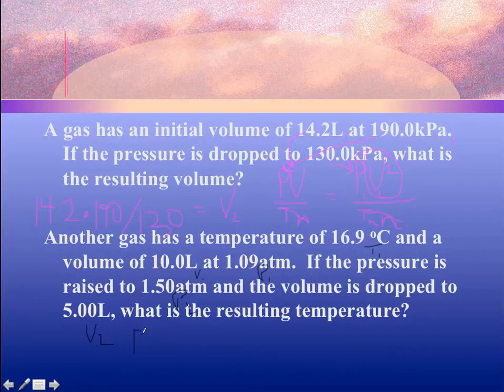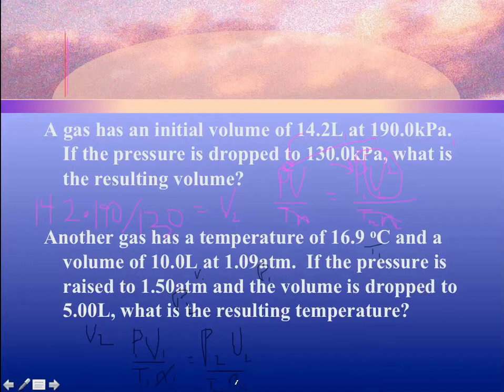So in our original equation we have P1 V1 over T1 N1 equals P2 V2 over T2 N2.